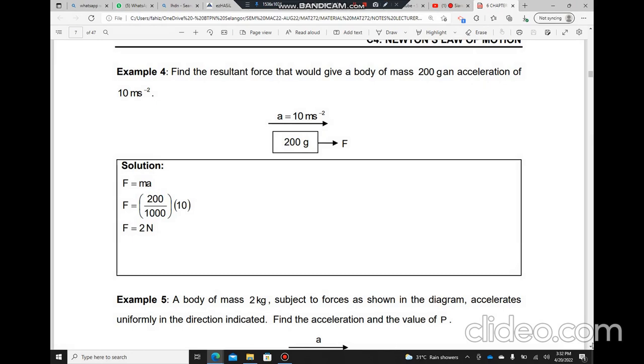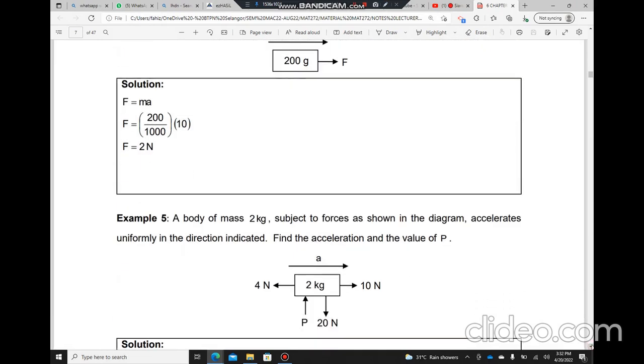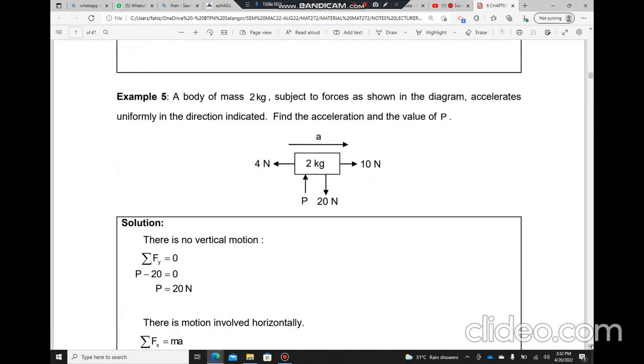Okay, then a body of mass. Okay, this one kena, okay, untuk F, okay, there is no vertical motion. Kat sini, a body of mass 2 kg, okay, subject to force as shown in the diagram accelerates uniformly in the direction indicated. Find the acceleration. Okay, bila nak cari acceleration, first, untuk vertical, maknanya vertical ni bergerak ke atas dengan bawah.